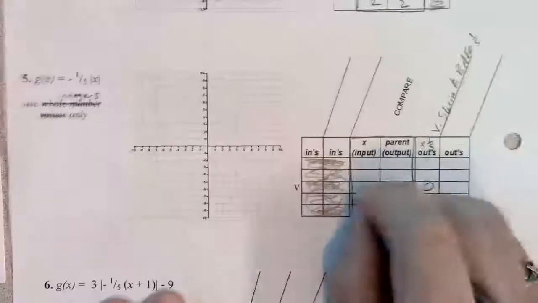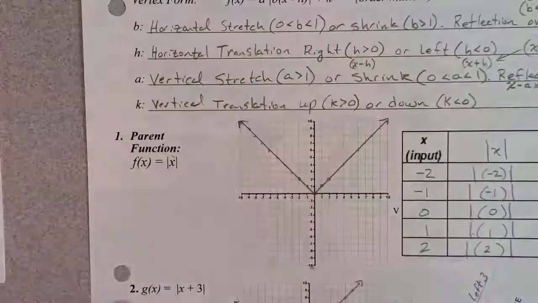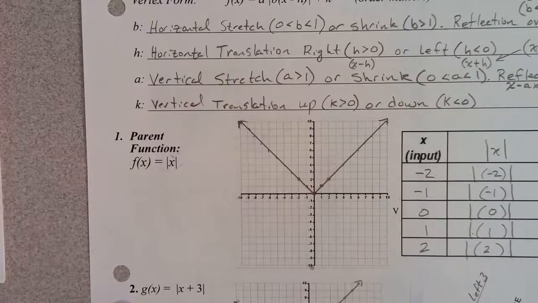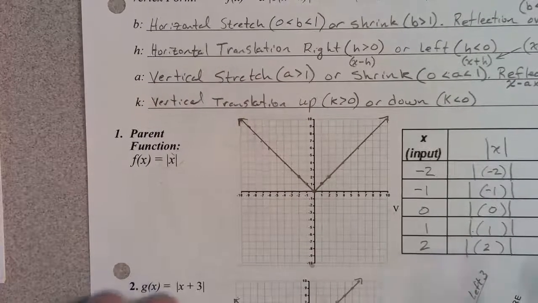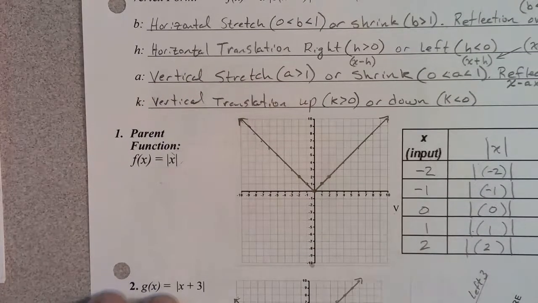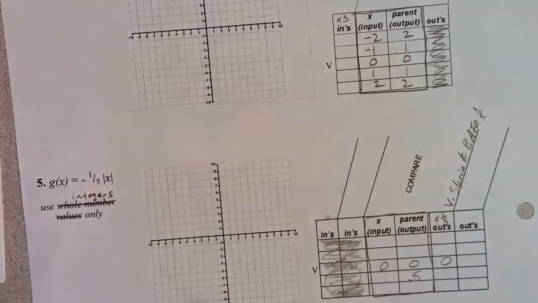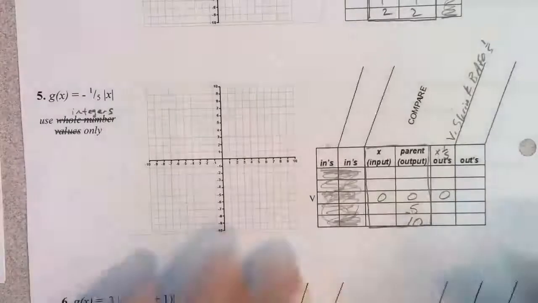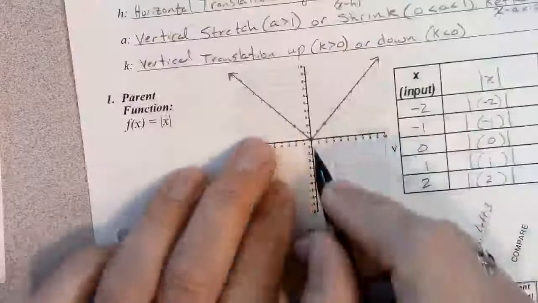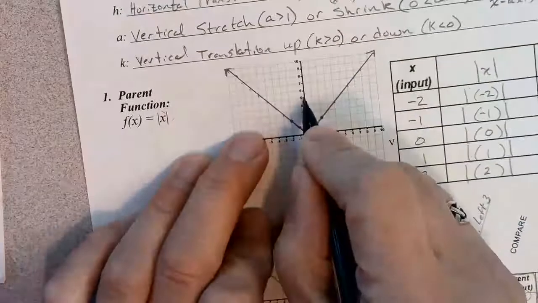Therefore, if I look back at my parent function, which is right here, what number is divisible by 1/5 or by 5? 5. And what else? 10. So if I want an output of 5 and I want an output of 10, then I'd have to go to my output, which is right here at 5.